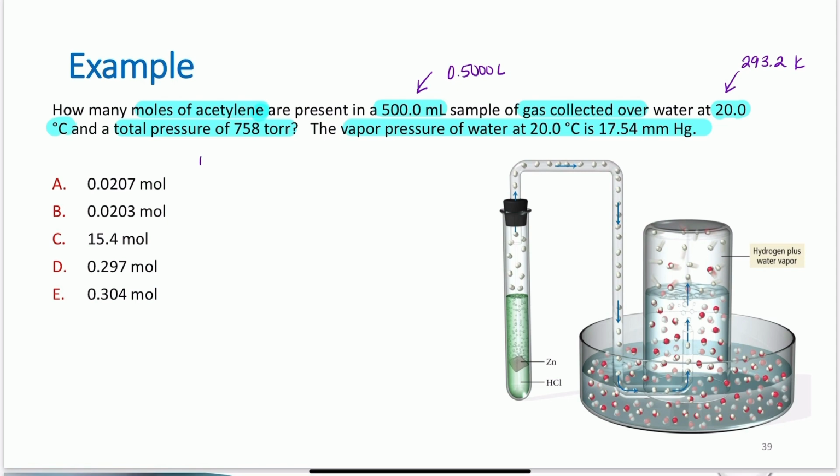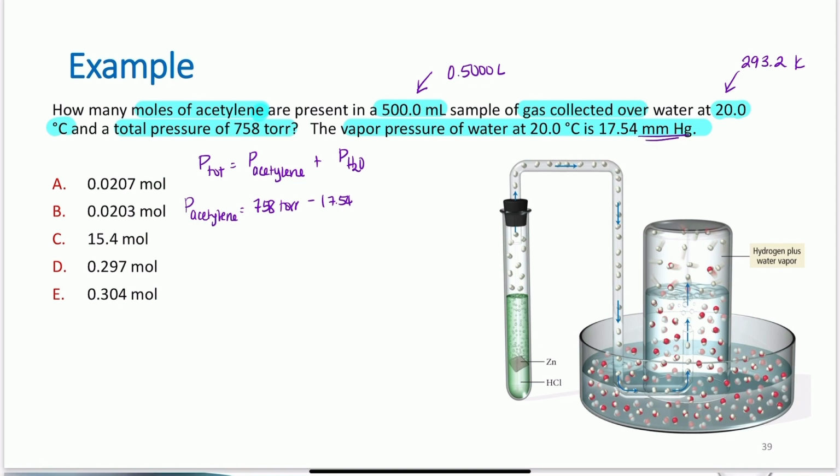I know that my total pressure is equal to my pressure of acetylene plus my pressure of water. The pressure of acetylene is equal to my total pressure, 758 torr, minus my pressure from the water, 17.54.